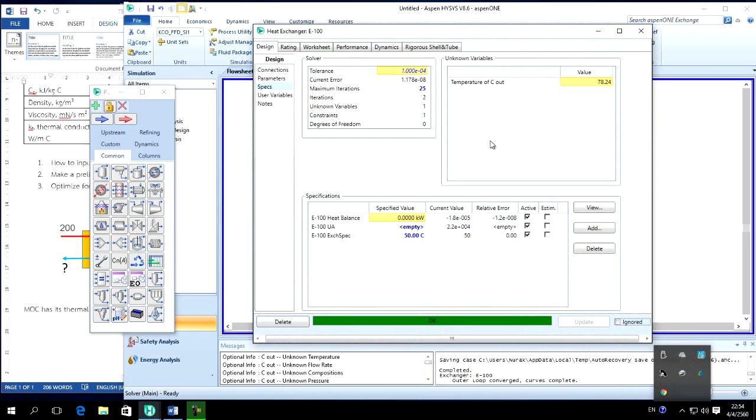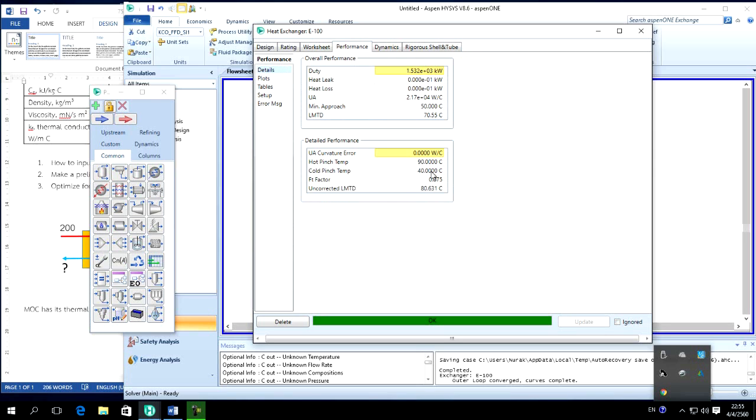The simulation has now converged and gives us an outlet temperature of 78.24. Then let me check the performance.